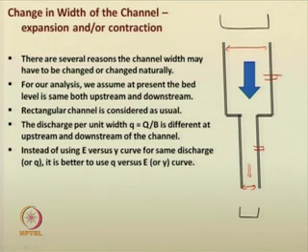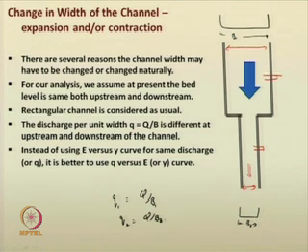You know the quantity q is equal to Q by B. So, if the width of the channel here is B 1 and here the width of the channel is B 2, you have q 1 equal to discharge Q by B 1, and q 2 equal to Q by B 2.